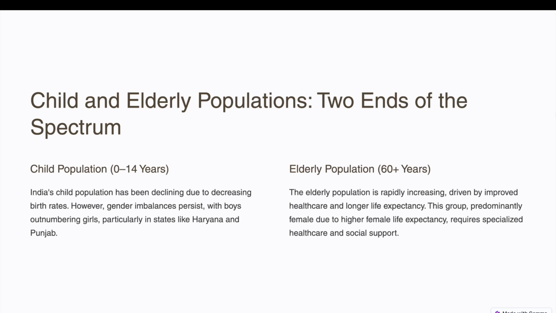Factors affecting age composition. The age structure is shaped by factors like fertility, mortality, migration, and historical events like wars or pandemics. India's population pyramid traditionally has a broad base, indicating a high birth rate.